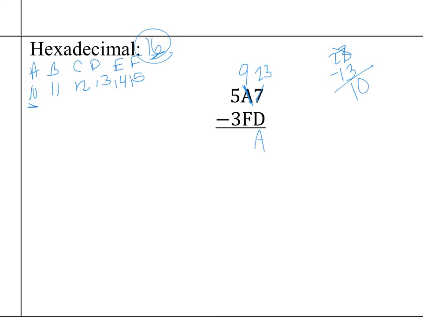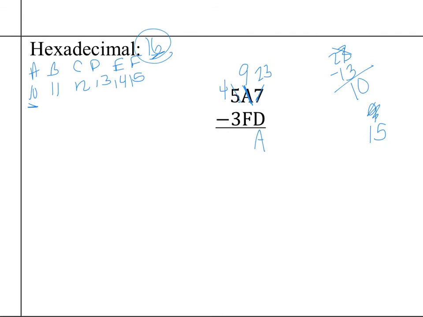Okay, so then we do 9 minus F. F is 15. I can't subtract 15 from 9, so I borrow 1 from here. And when I borrow 1 from there, I'm borrowing 16. So this isn't 9 anymore.